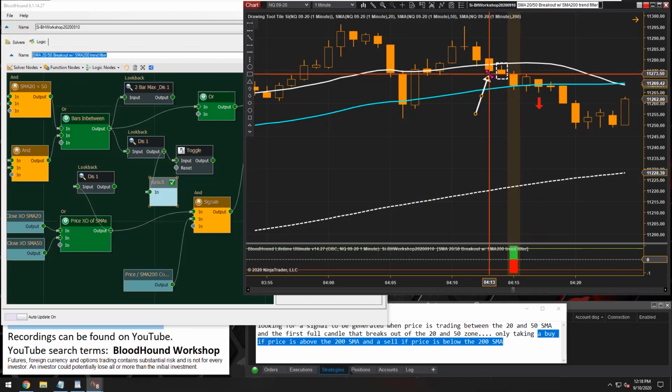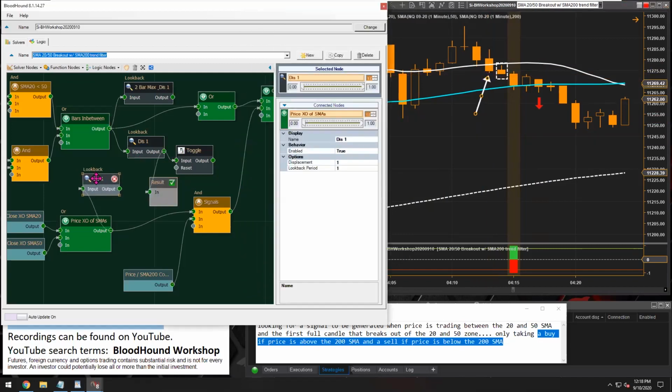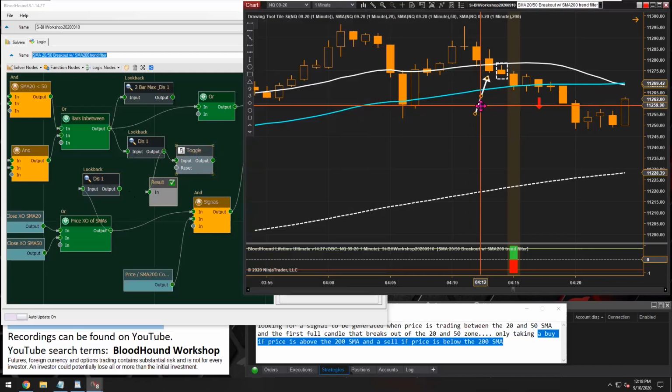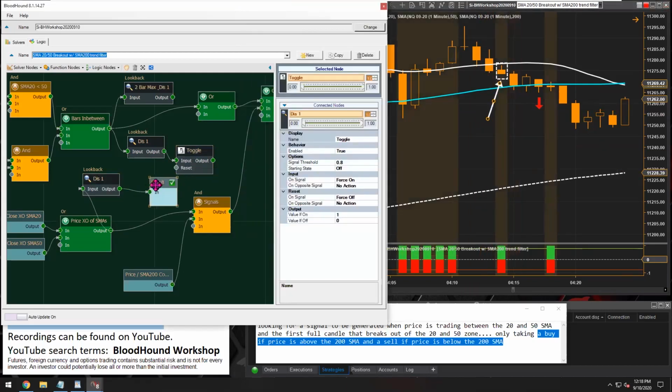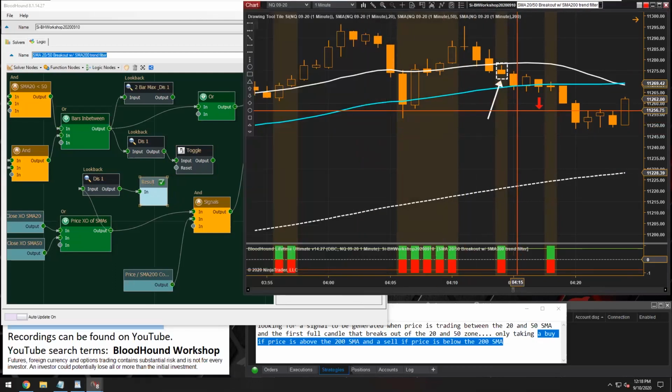This is the crossover solver, and then because we have to use a displacement node to turn the toggle node off, we actually get that crossover right there. Let me connect that in here. Here we go. So we're looking at the crossover signals here, but displaced forward one bar, right?